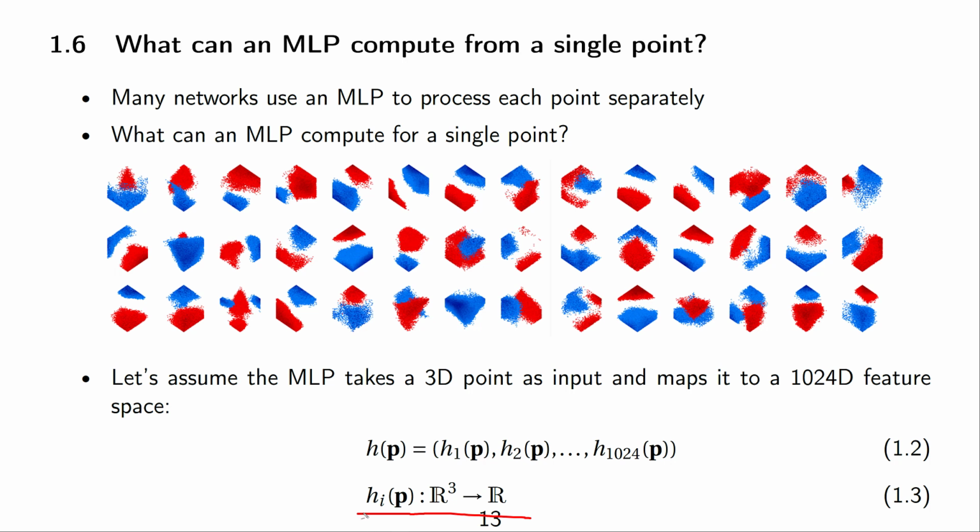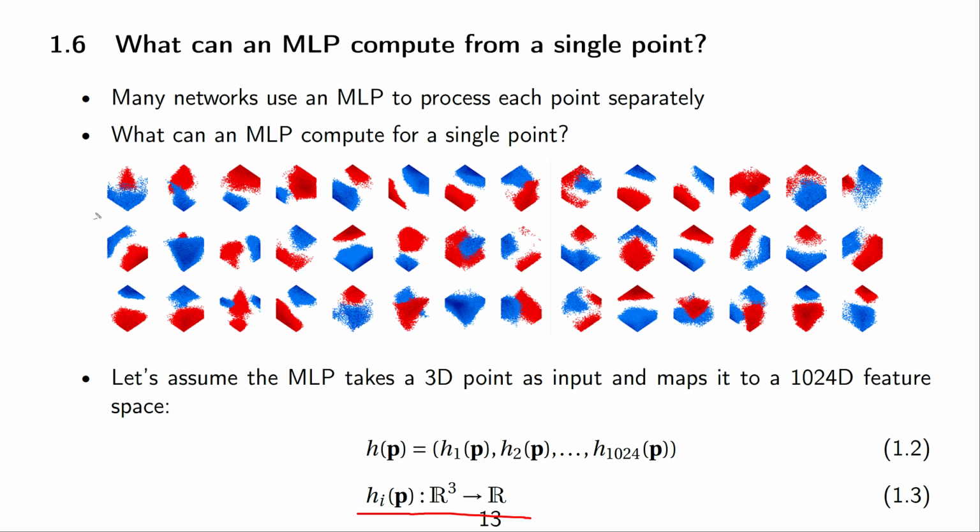But we would be interested to know, what can one such function express? To visualize that, it's best to think of such a function as a scalar field that maps a point to whatever scalar value is there in the corresponding part in space.